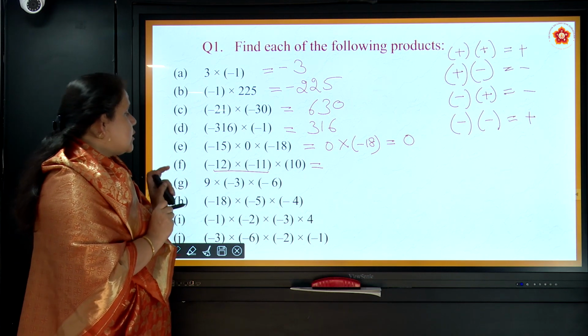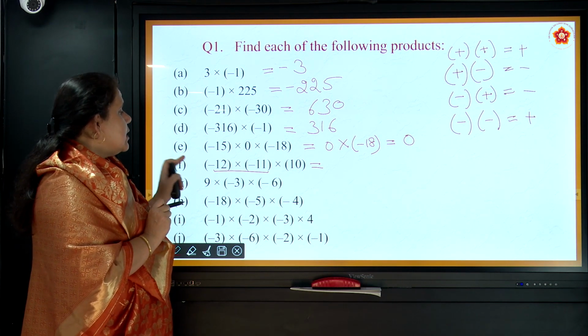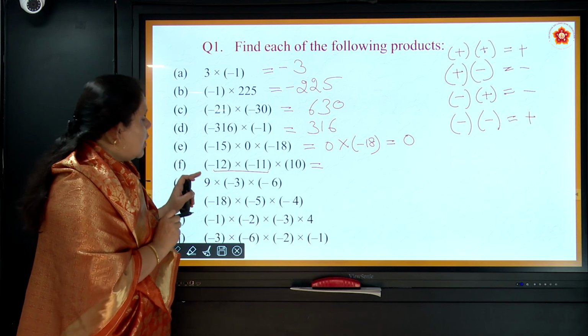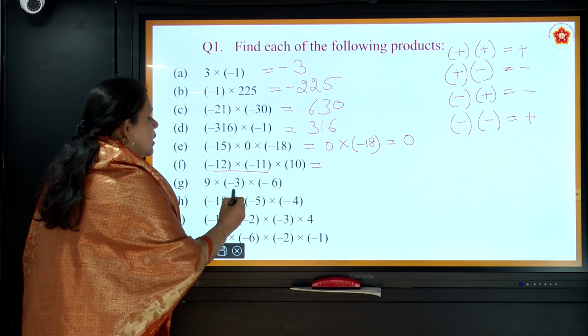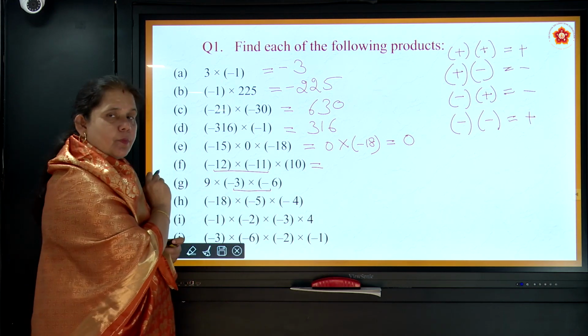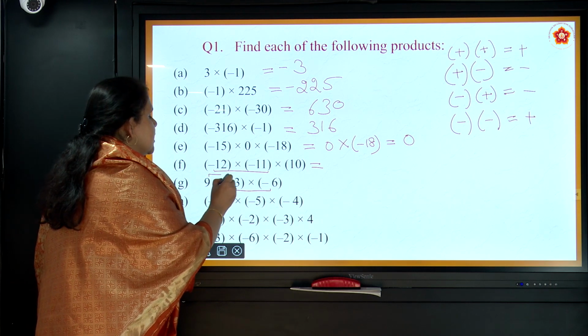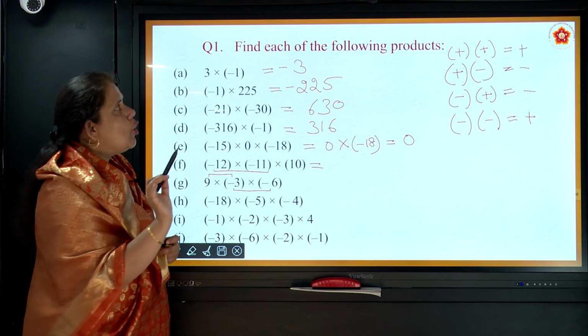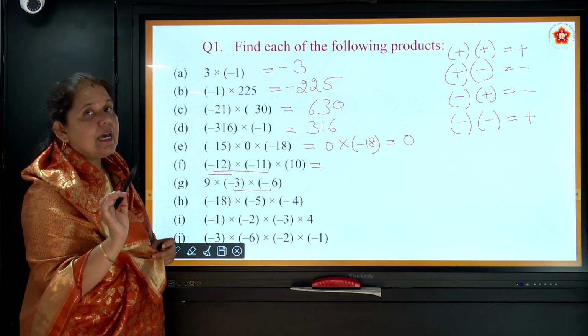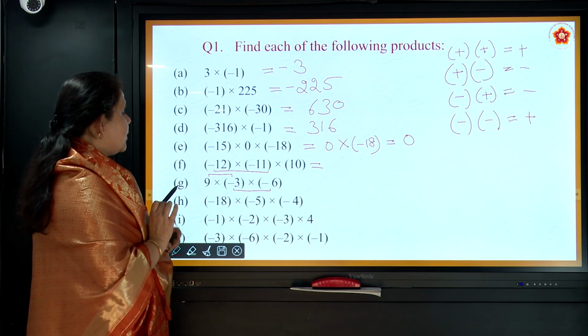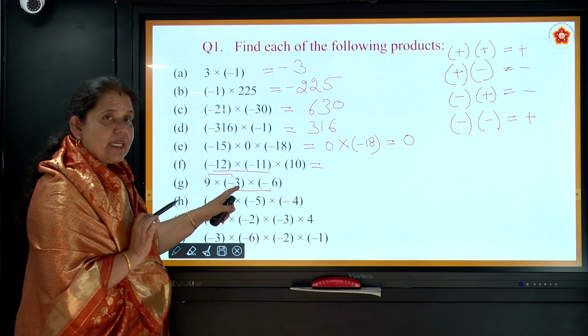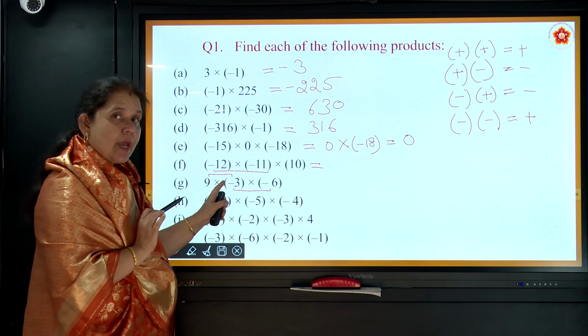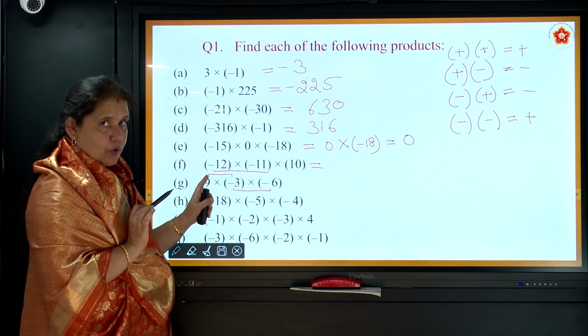Look at the next question. It is same as the earlier part. Now whether you multiply these two numbers first or you multiply these two numbers first, answer will be same. We have already done the associative law. 9 multiplied by minus 3, 1 is plus, 1 is minus, answer will be minus 27.